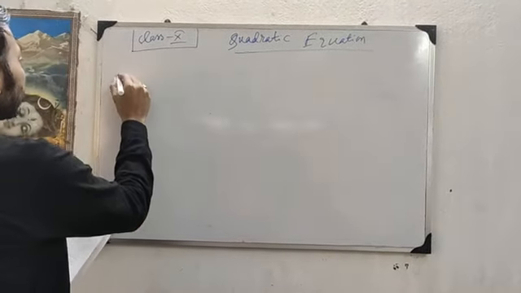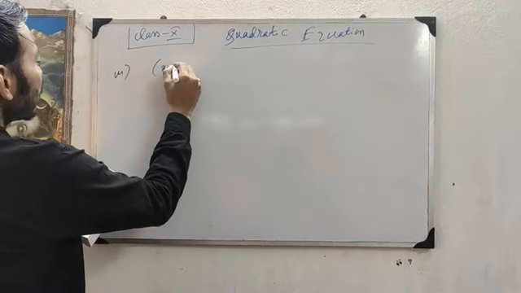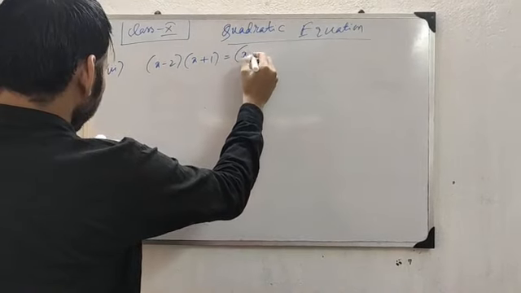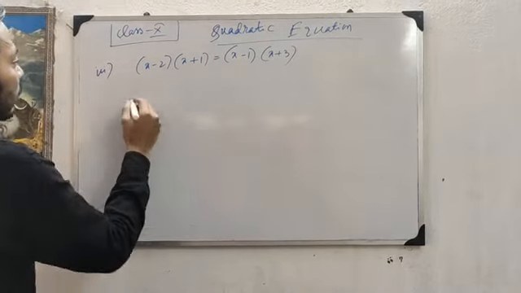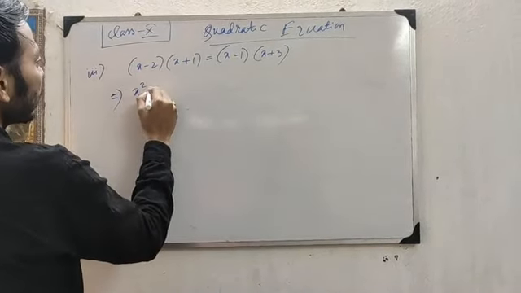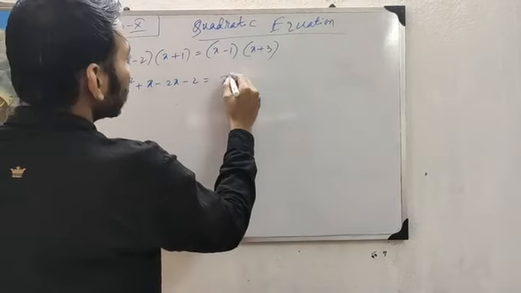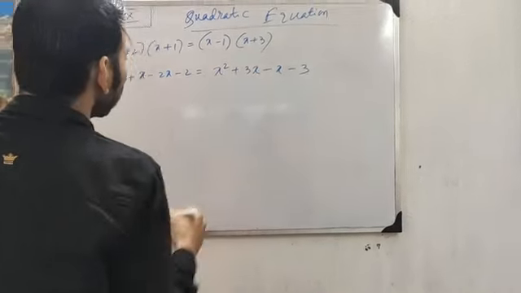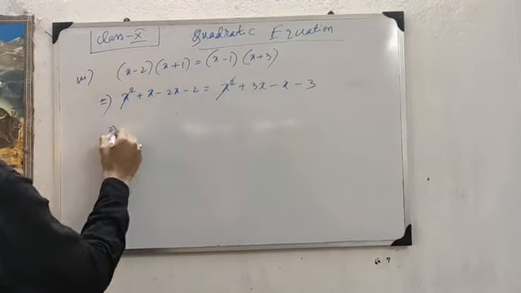Question number 3: (x − 2)(x + 1) = (x − 1)(x + 3). Multiplying, we get x² + x − 2x − 2 = x² + 3x − 3.